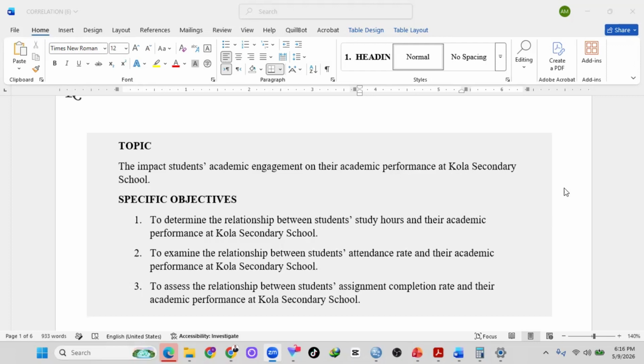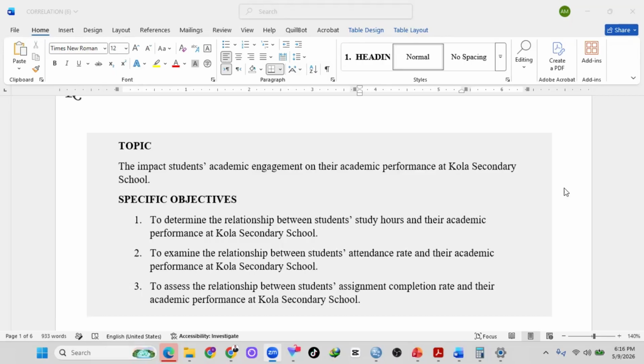Now, for us to do this, we came up with specific objectives. Objective number one is to determine the relationship between the students' study hours and academic performance. So here, our independent variable is the study hours. Number two is the relationship between the students' attendance rate and their academic performance.